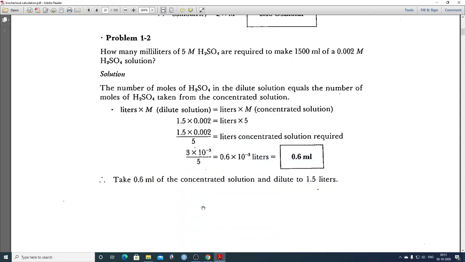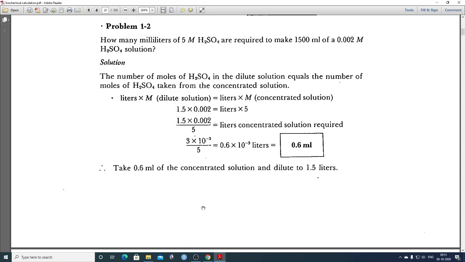Next problem we have is: how many milliliters of 5 molar H2SO4 are required to make 1500 ml of 0.002 molar H2SO4? So how many ml of 5 molar is required if you want to make 1.5 liter of 0.002 molar H2SO4?